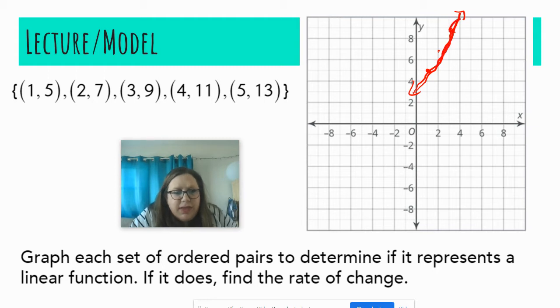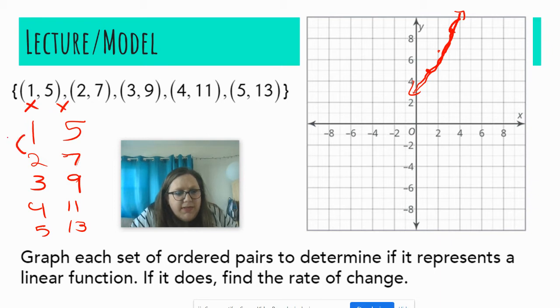So yes, it is linear. Now let's find the rate of change. I'm going to make a table here. These are my x, these are my y.